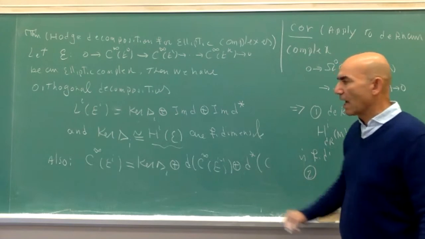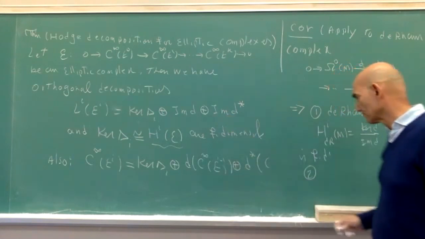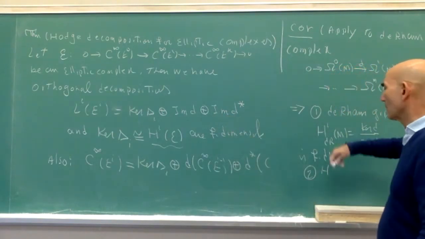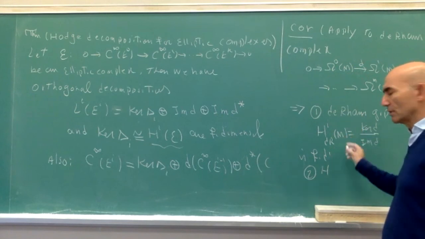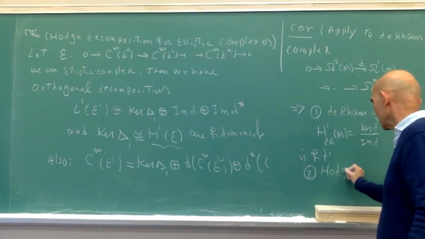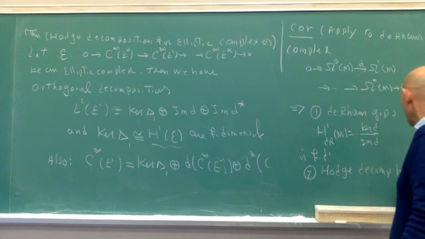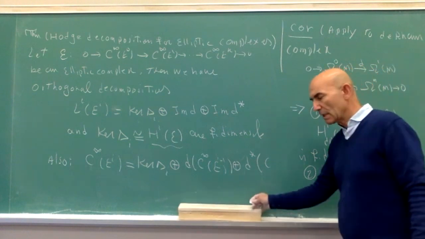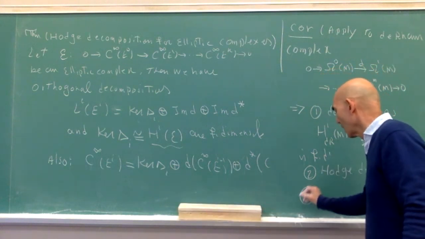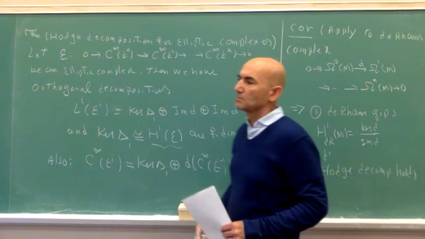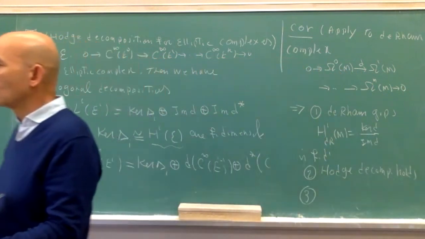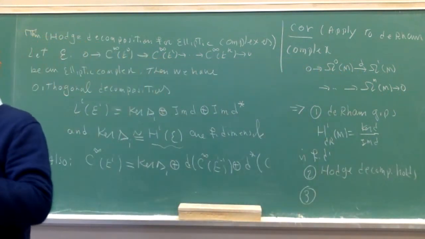Second, we have Hodge decomposition. I'm not writing in the right order, I'm just writing three statements. Hodge decomposition holds for differential forms. And third, any de Rham cohomology class has a unique harmonic representative.